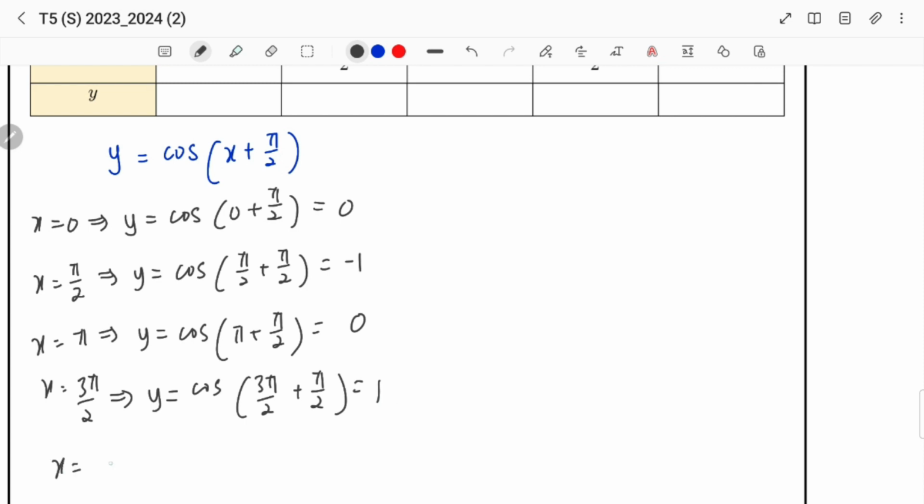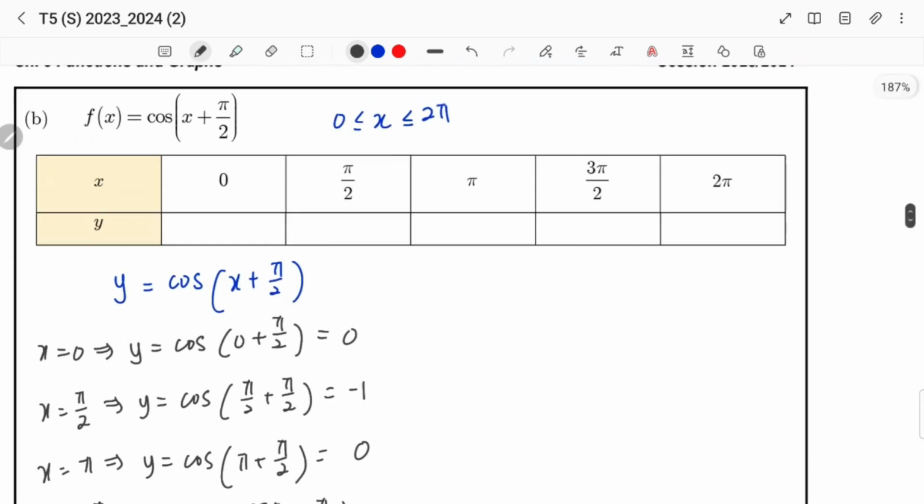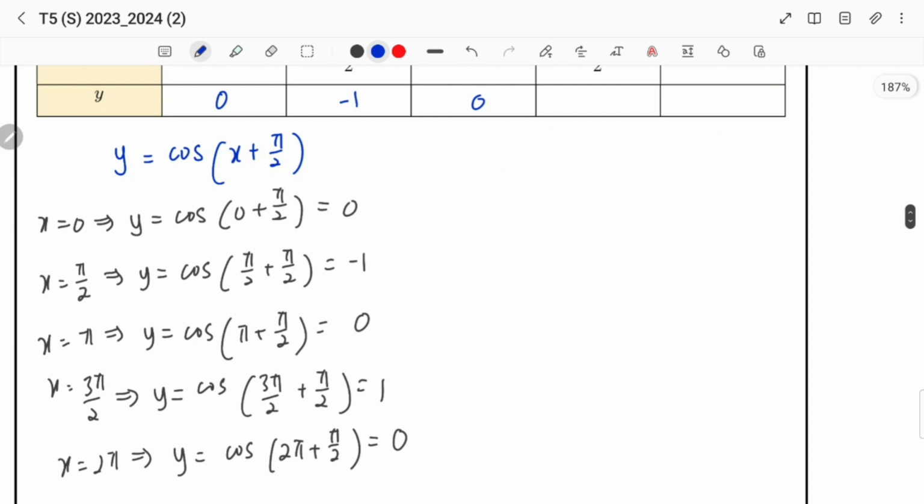And the last one, x is 2π, y equals cos(2π + π/2), which is 0. Write down all the values that we have here: 0, −1, 0, 1, and 0.